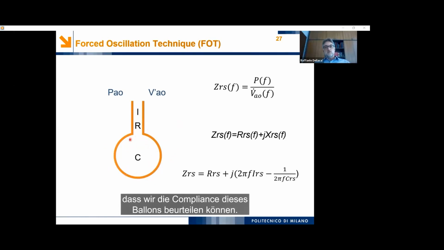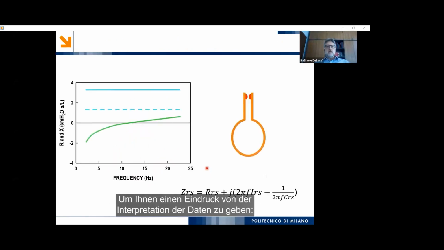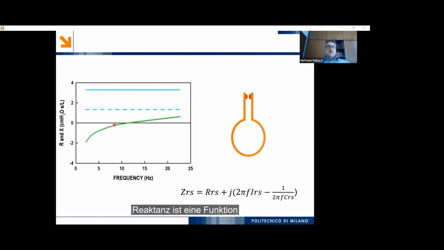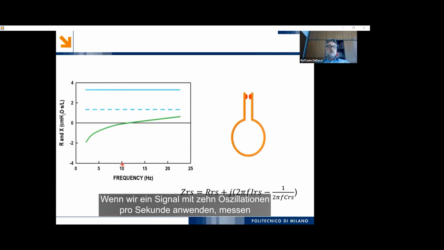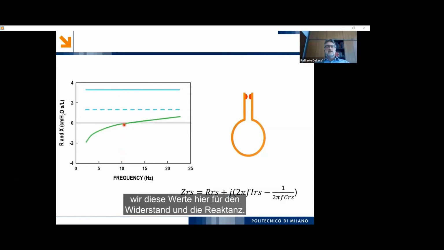of this balloon. Just to give you an idea of interpretation of data, this is a typical response that you can measure in terms of resistance here and reactance in green as a function of frequency of the forcing signal. If we apply an oscillatory signal, for example, with 5 cycles per second, we will be here. If we apply a signal with 10 oscillations per second, we will be measuring these numbers here for resistance and reactance.